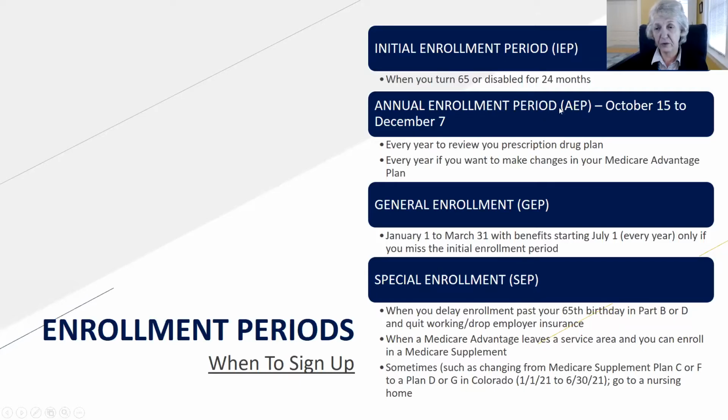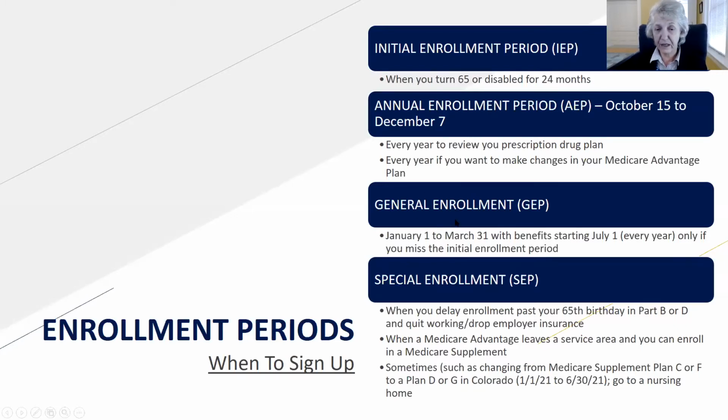You will want to pay attention to the AEP every year because you will want to review your prescription drug plans and make any changes. If you are in a Medicare Advantage, or you want to join a Medicare Advantage, or you want to change Medicare Advantages, you will also need to do that during the AEP from October 15th through December 7th.